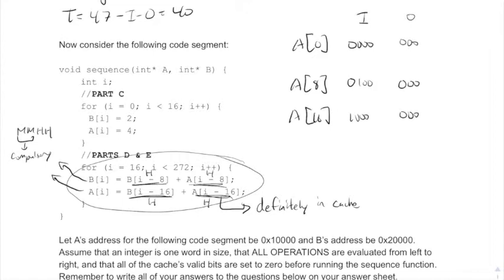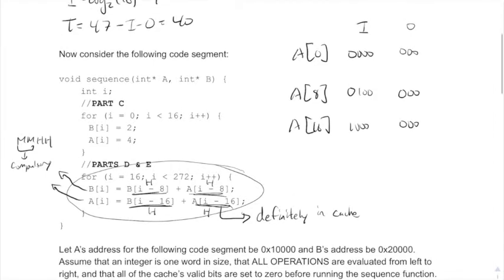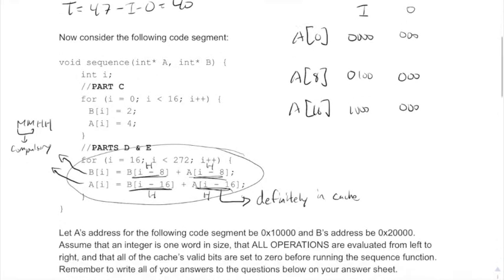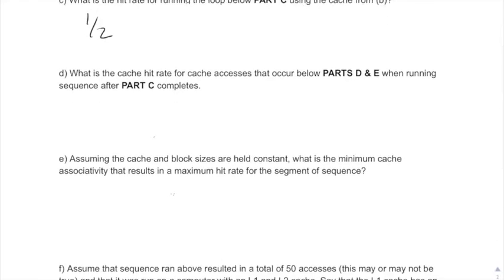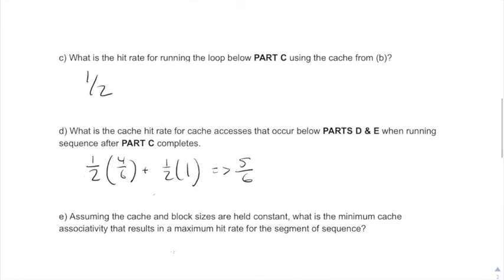And when we pull in B[i] and A[i], we also pull in B[i+1] and A[i+1]. So we can say for D, our hit rate is 1/2 times 4 out of 6 plus 1/2 times 1, to give us 5 out of 6 for our total hit rate.